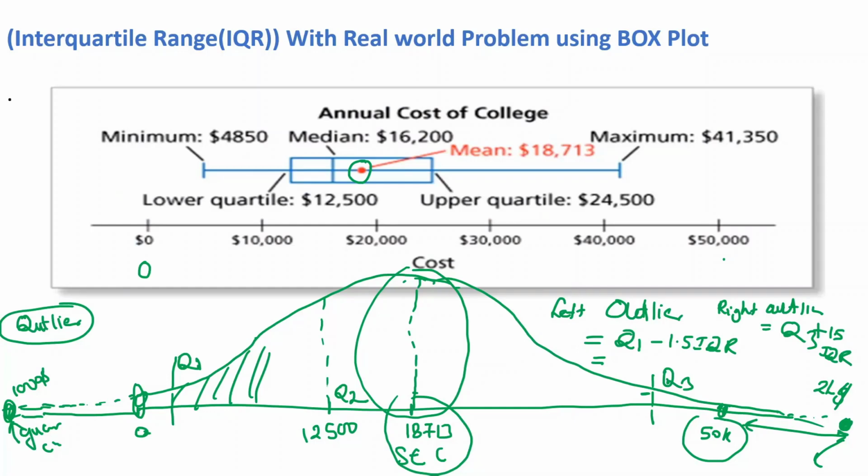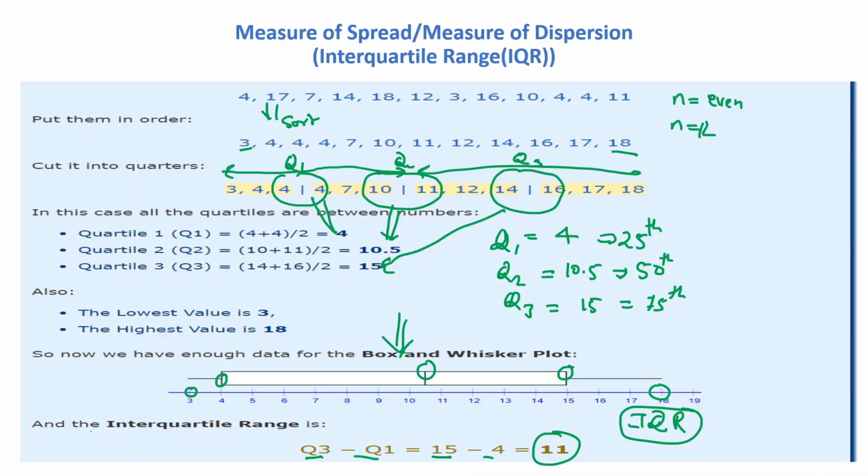If we want to calculate the interquartile range in our previous example, what is the IQR? The IQR we have is 11. So 1.5 IQR would be 11 multiplied by 1.5. This will come to 16.5.